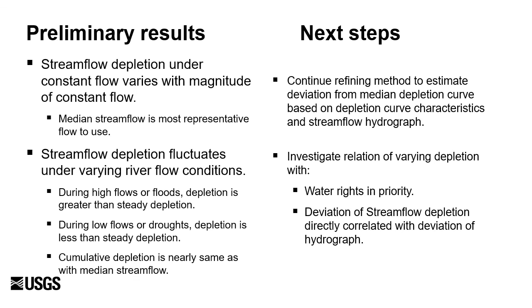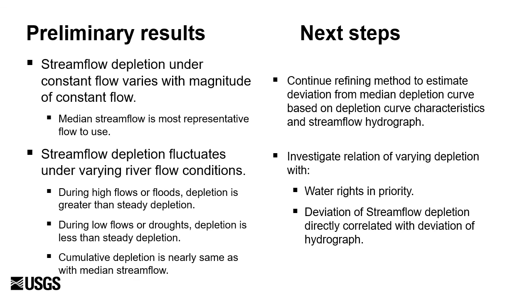Also, under varying flow conditions, we learned that streamflow depletion can fluctuate by a fair amount, but the good news is that the depletion rates are higher during high flow conditions, especially high flows and floods, and a fair amount lower during low flows and droughts. But when you look at the cumulative depletion over time, it's really similar to the estimated streamflow depletion from the median streamflow value.